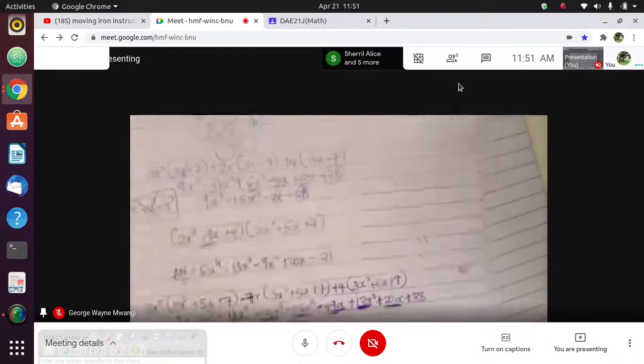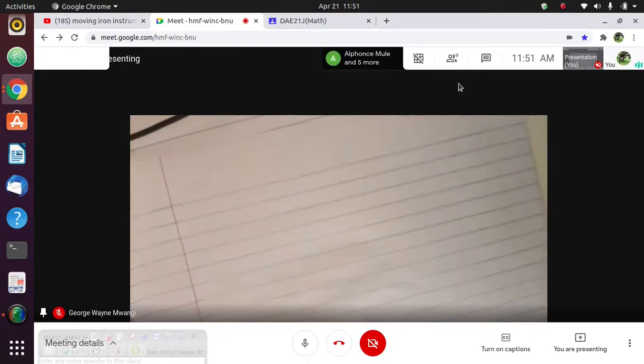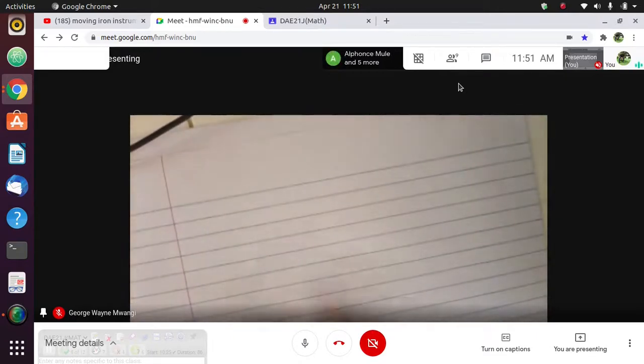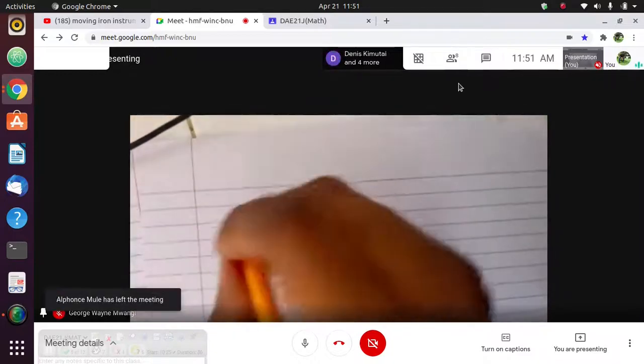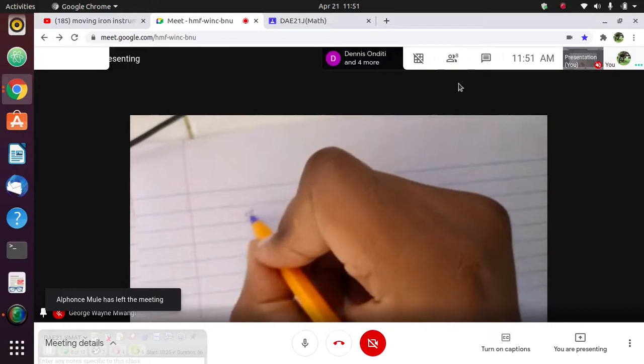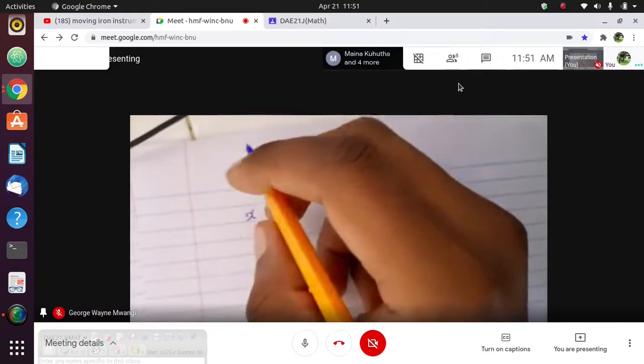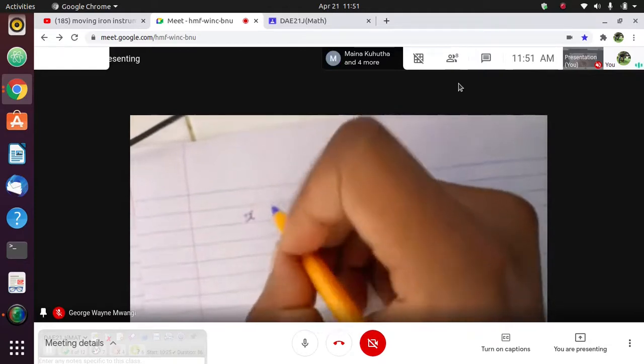Now, today I wanted to introduce a very important aspect of algebra. What we've been dealing with is polynomial expressions. Now, if you're given such, let me give you a very simple quadratic, and I tell you to simplify it.